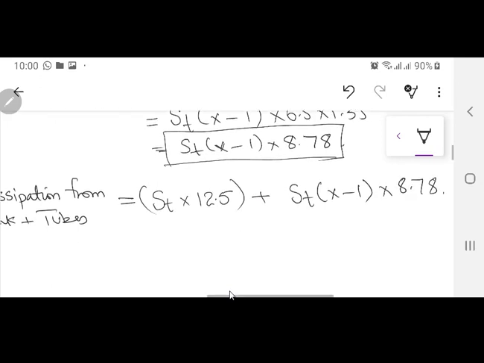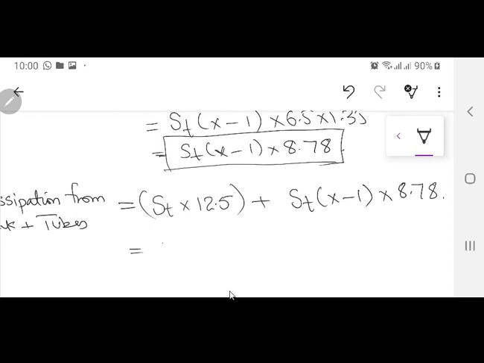And if you combine these two together, because St is common over there, so you can just write it as St 12.5 plus x minus 1 into 8.78, and this is like this.